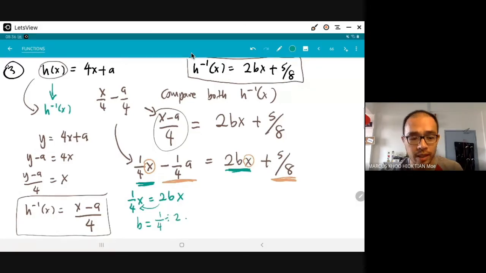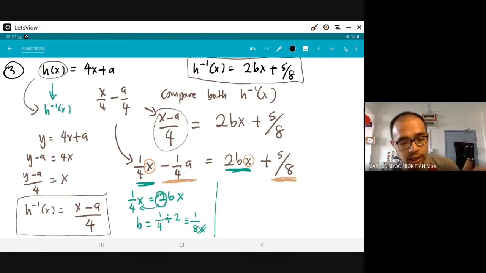I mean, the 2 here is multiplication. If you move it to the other side, it becomes division. So 1/4 divided by 2, how much? Try pressing again. 1 over 4 divided by 2 is? Very good. Okay, 1/8.